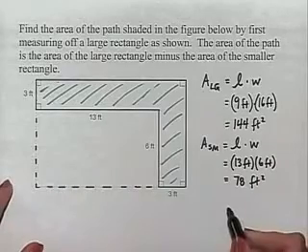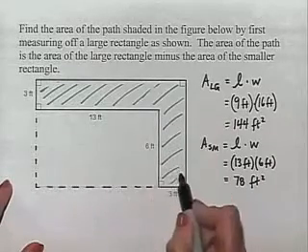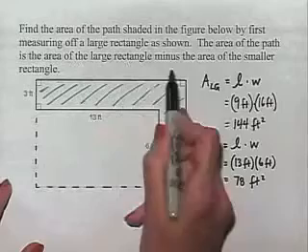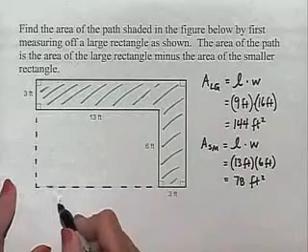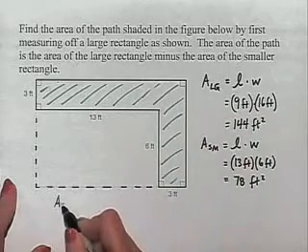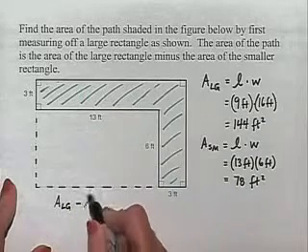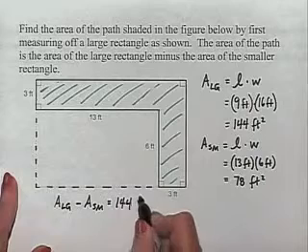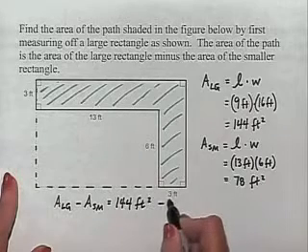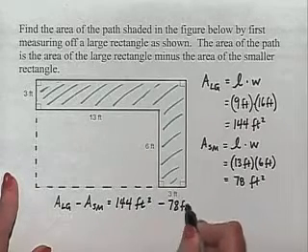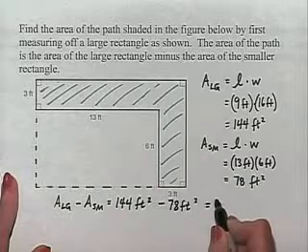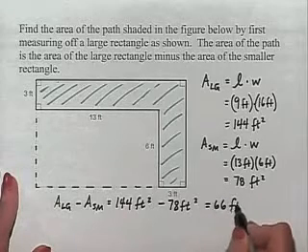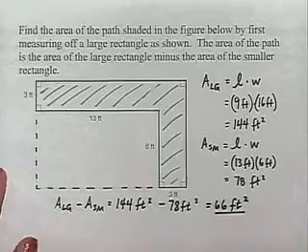And now we're told to find the area of the pathway. We're going to take the area of the large rectangle minus the area of the small rectangle. So the area of the large minus the area of the small is going to equal 144 square feet minus 78 square feet, which is going to be a difference of 66 square feet, and that would be the area of the path.